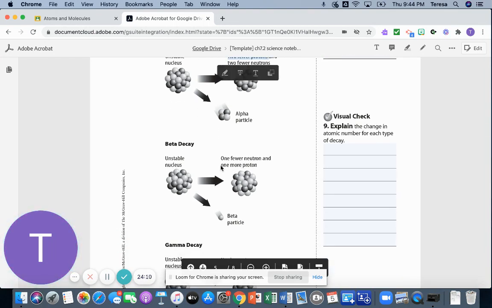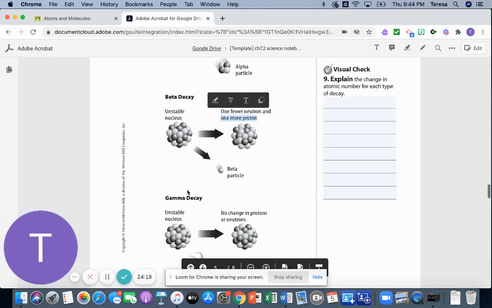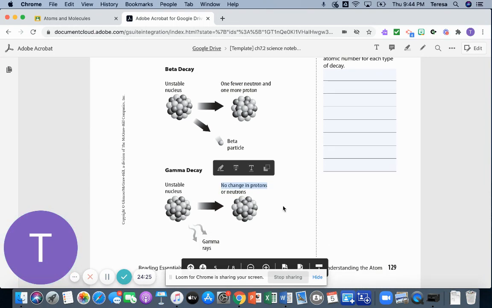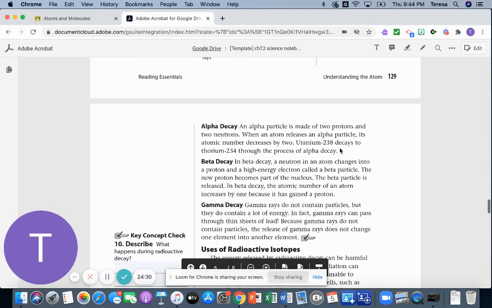In beta decay, there's 1 more proton, so we add a proton to the atom, so its atomic number will increase. And in gamma decay, no change in protons, so the atomic number will remain the same. So you should be able to answer question number 9.